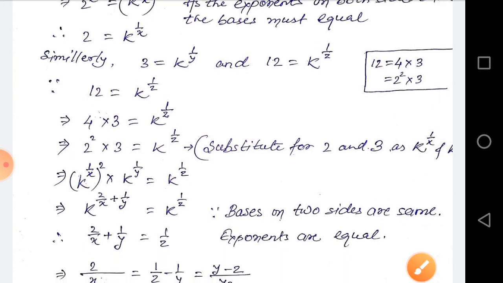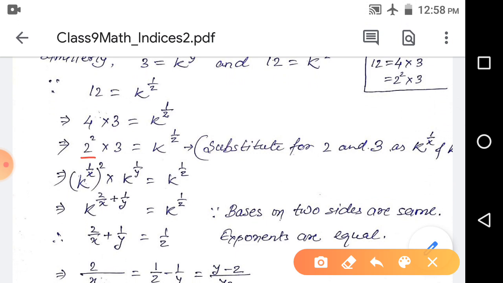See, for this 2 we have substituted this k to the power 1 by x whole to the power 2, because here also we have the square, 2 square. Okay, as it is 2 square, so k to the power 1 by x whole square, and for this 3 we will substitute k to the power 1 by y. Now in the RHS part we have k to the power 1 by z.